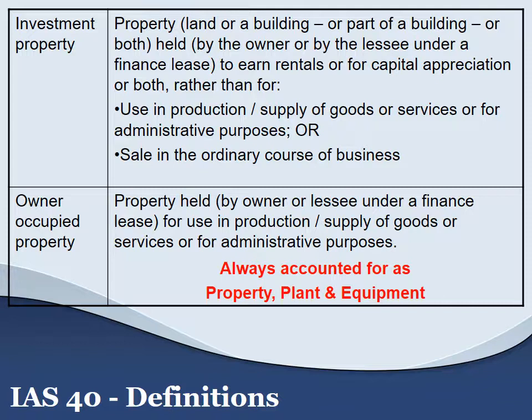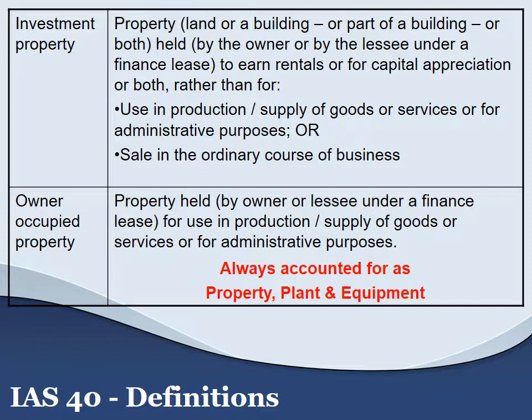If you look at the definition of owner-occupied property, it is property held by the owner or a lessee under a finance lease with the intention of using it in the production or supply of goods or services in the normal course of business, for admin purposes and so forth. If I find myself in that situation, I must go to IAS 16 and account for that as property, plant and equipment.